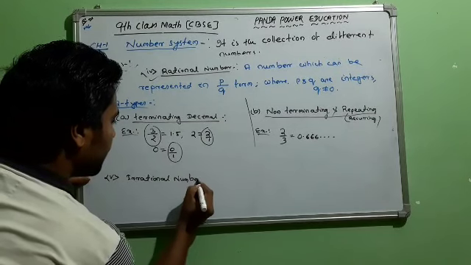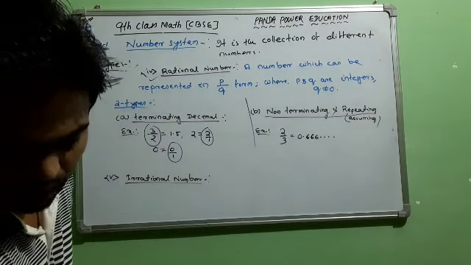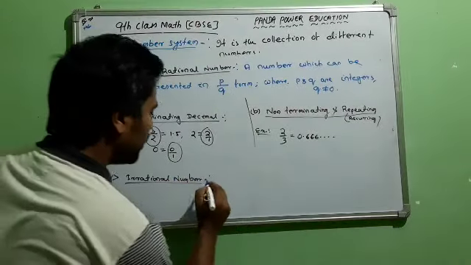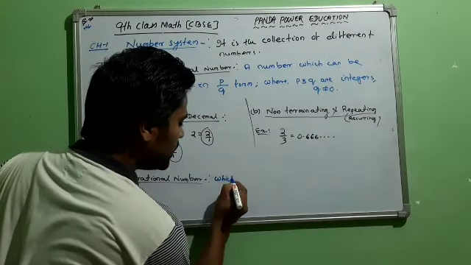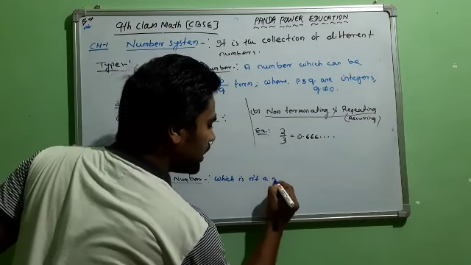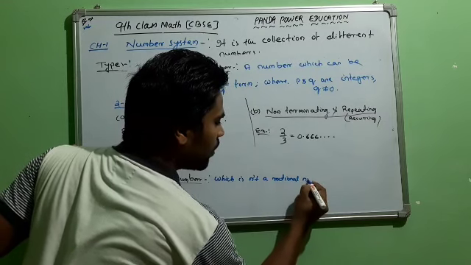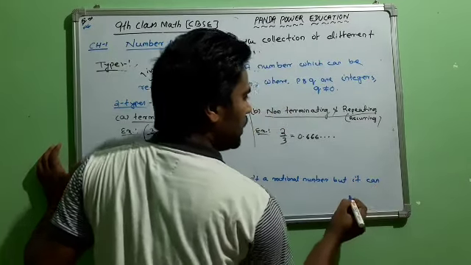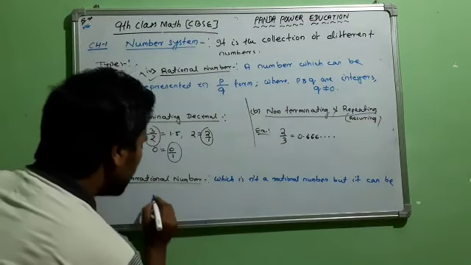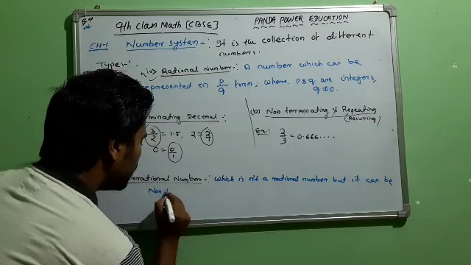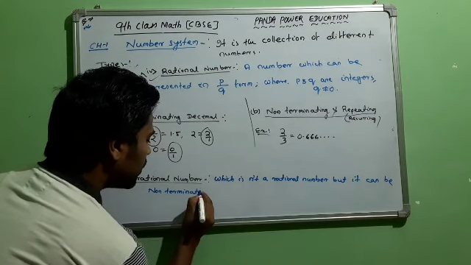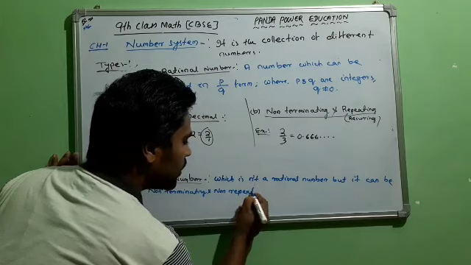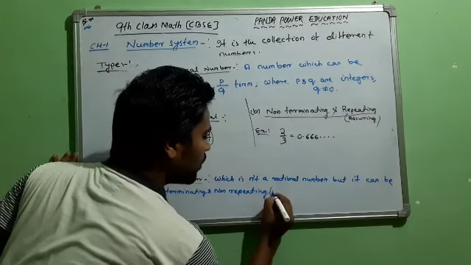Write down: those numbers which are not rational numbers, but which can be non-terminating and also non-repeating or recurring.